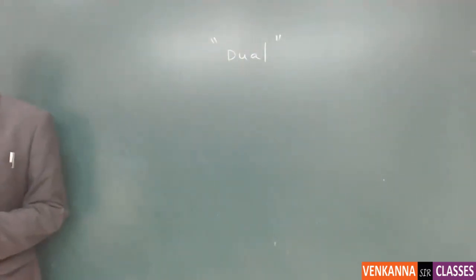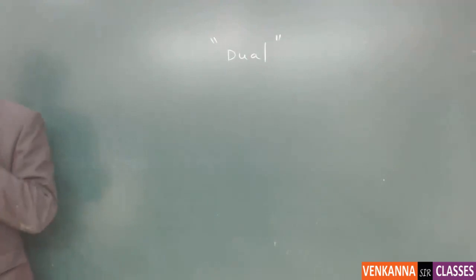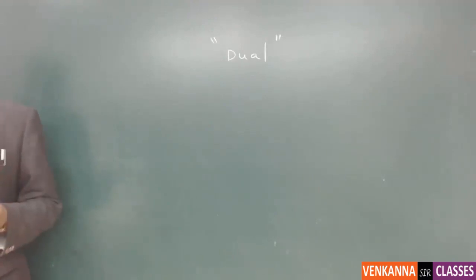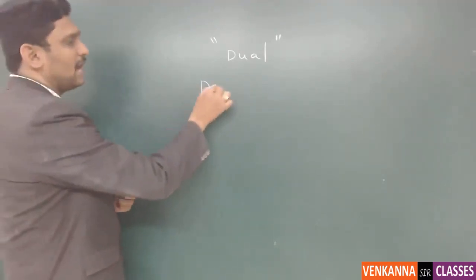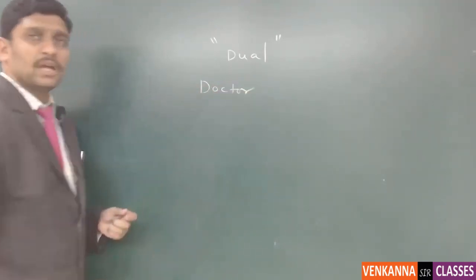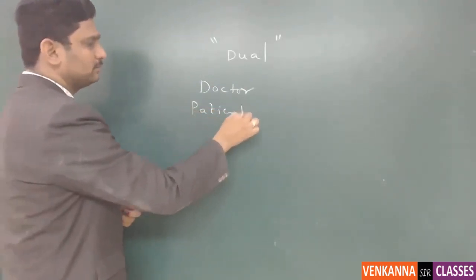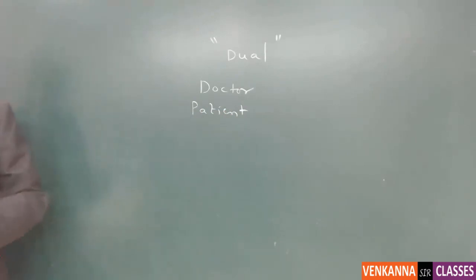the concept of dual in linear programming. To get some interest in the concept, I want to take a situation for your consideration. Let me say I have a doctor, and a patient consulted the doctor because of his sickness.